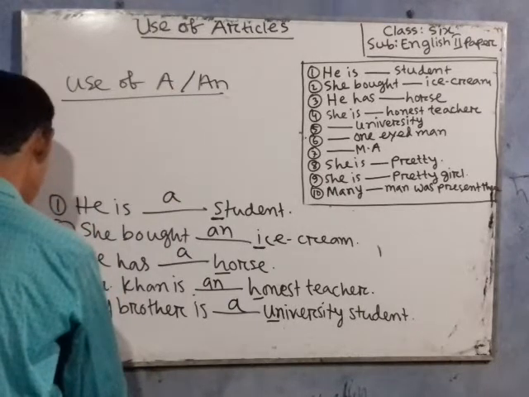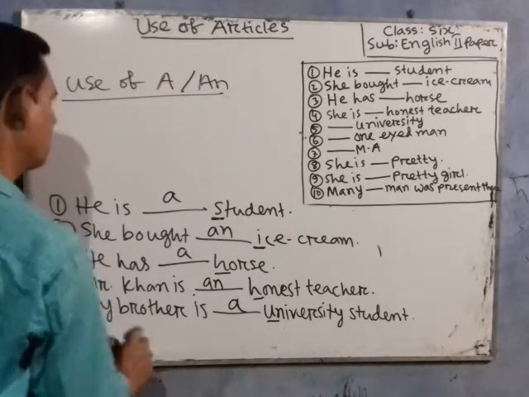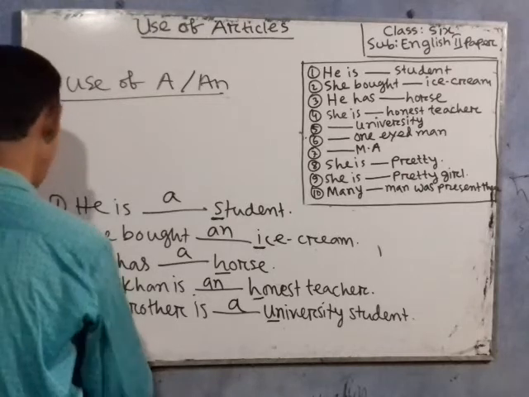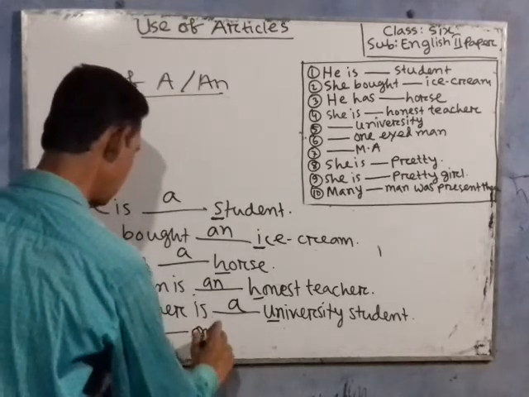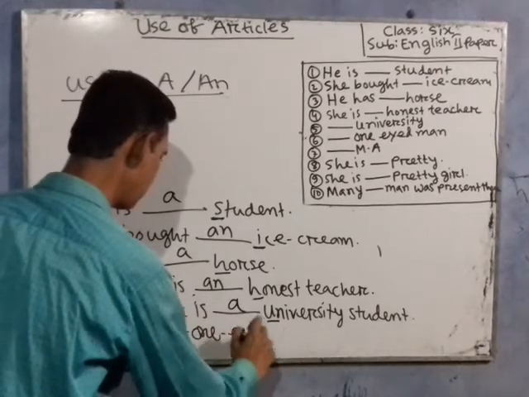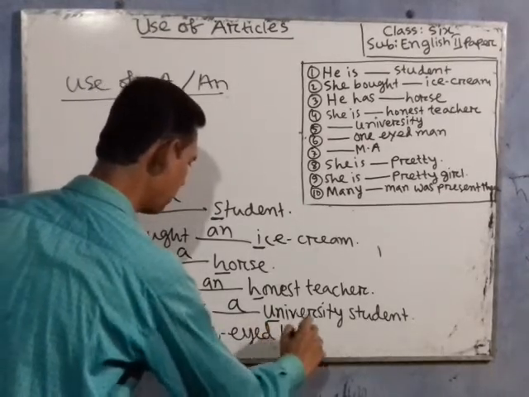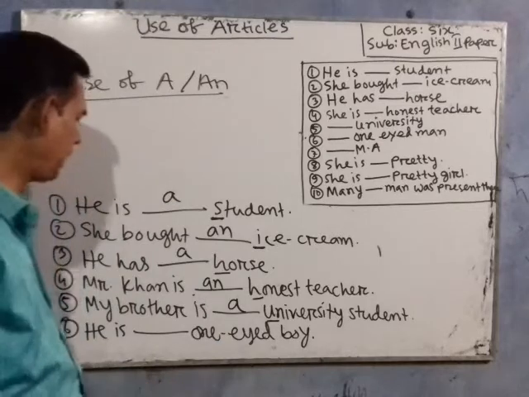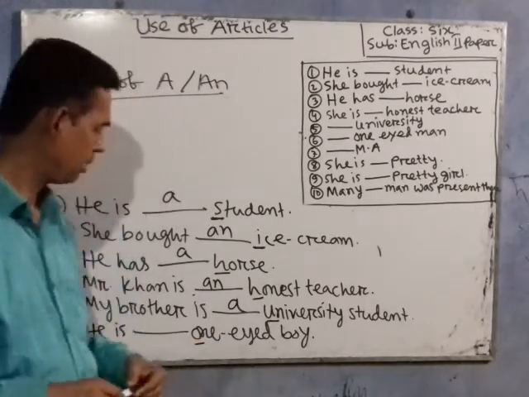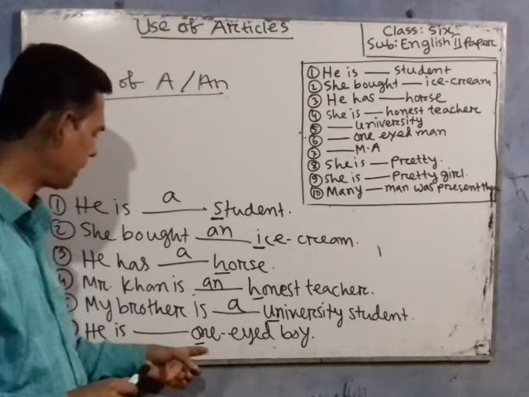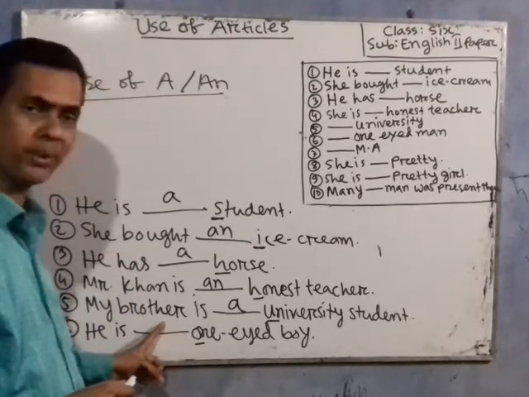Next example. He is dash one-eyed boy. Here O is given. You know that O is a vowel. That is why here An should be used.